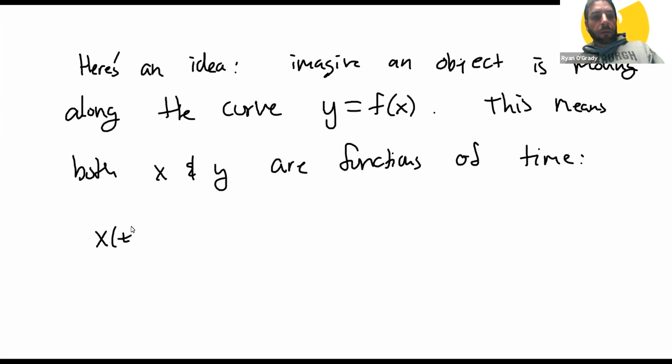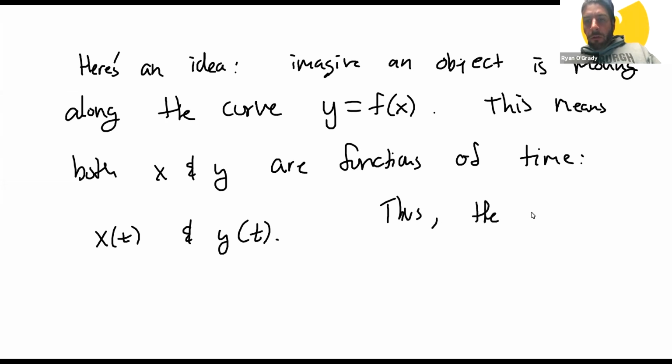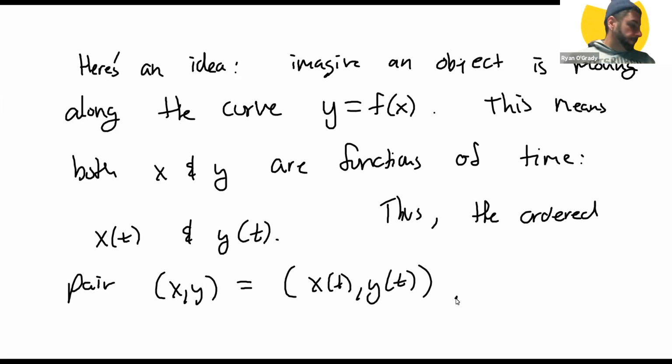So x depends on t, and y depends on t. Thus, if you want to think about it even more generally, the ordered pair x, y is really dependent on time as well.